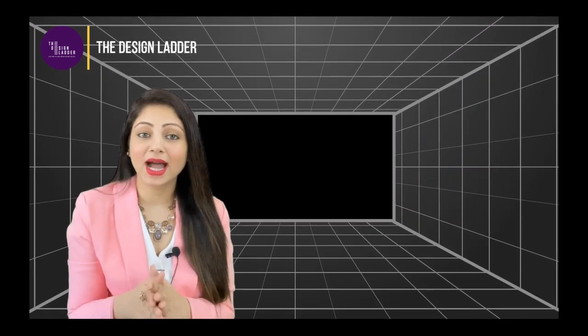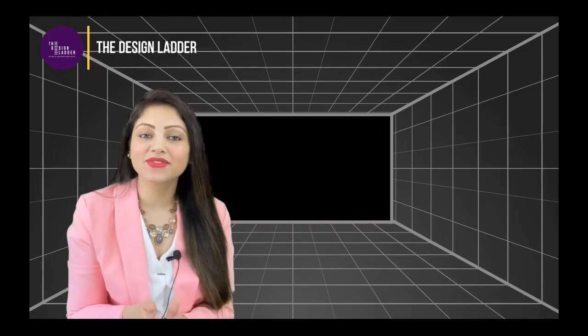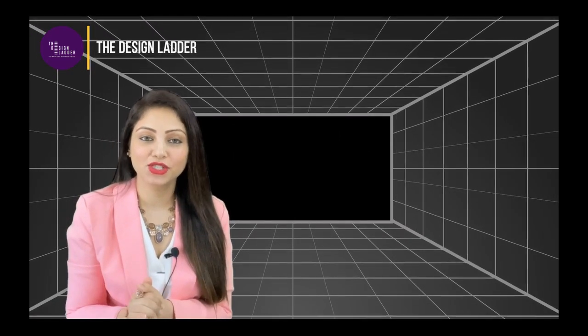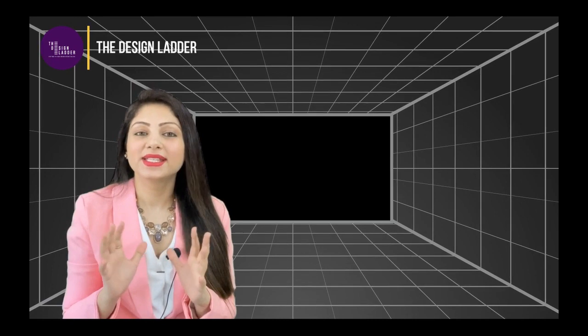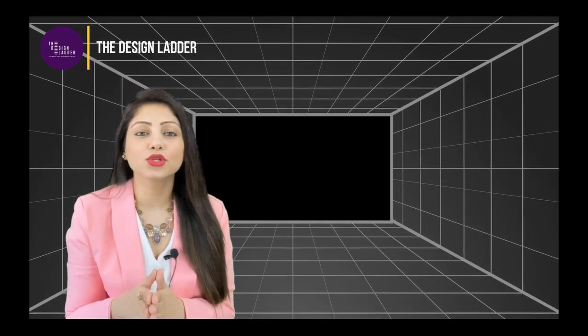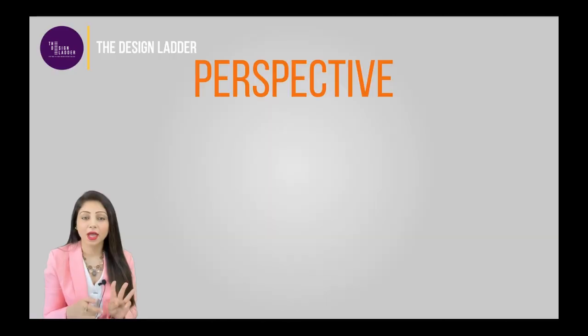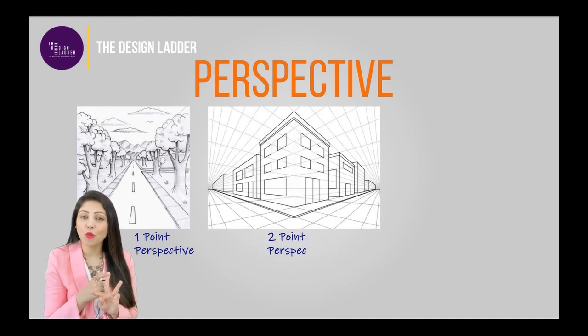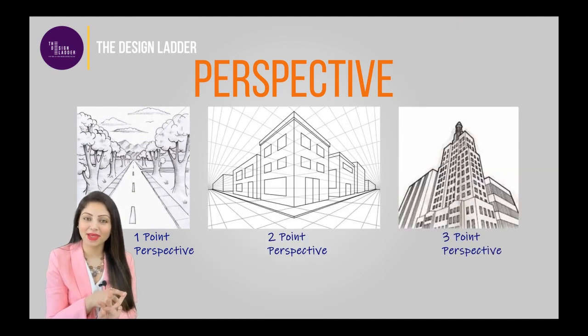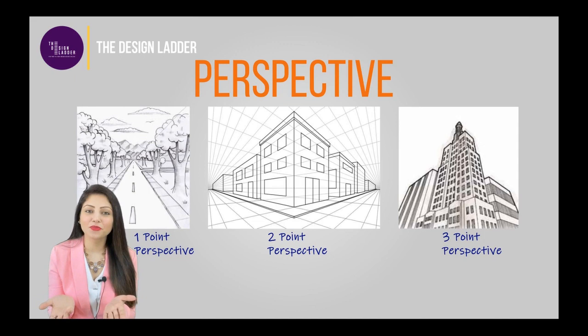Because without knowing that, you won't know which perspective technique to apply on what kind of situation or object. So from the exam point of view, you basically need to know three kinds of perspectives: 1-point perspective, 2-point perspective, and 3-point perspective.